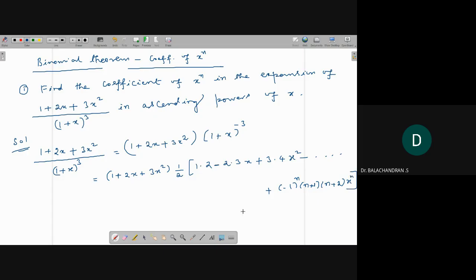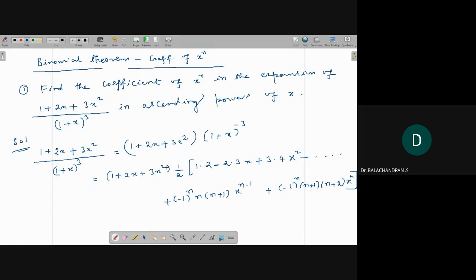If you multiply 1 into this term, I get x power n. If you multiply x into x power n minus 1, I'll get x power n. So before this, you should write plus minus 1 whole power n, x power n minus 1, which means n into n plus 1, x power n minus 1.